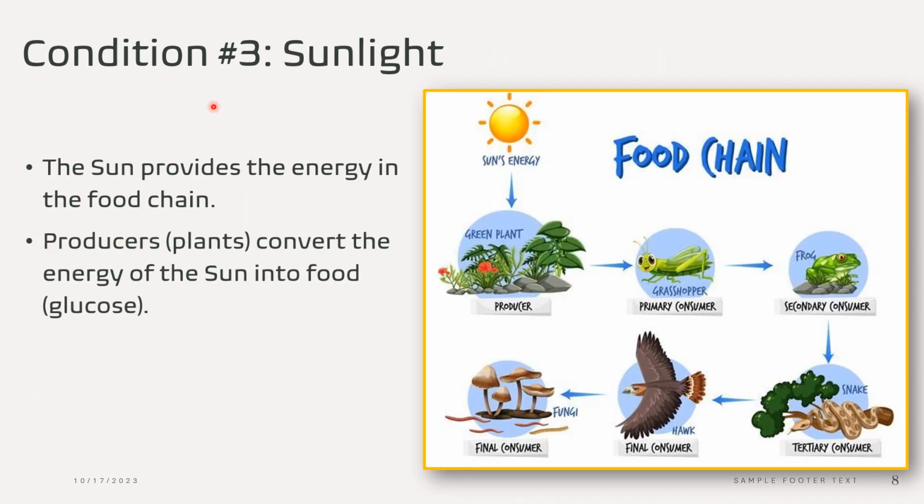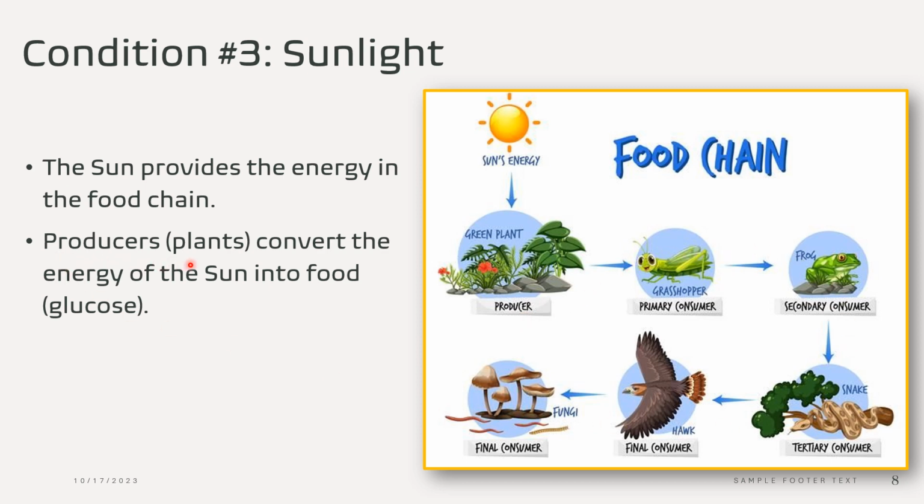The third condition why the earth can sustain life is the presence of our sun's sunlight. And we know that the sun provides the energy in the food chain. We know the sun is the main source of energy for the earth. And we know that the sun's energy is necessary for green plants to photosynthesize and to produce food for all the other consumers in a food chain.